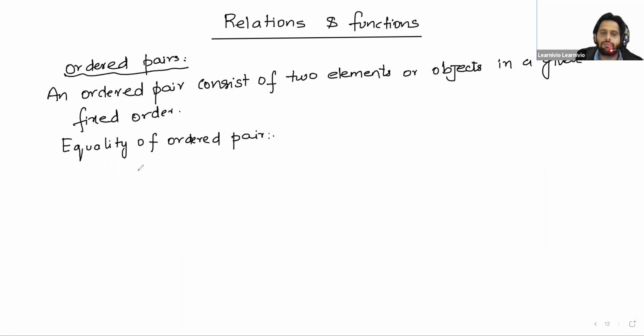What is this equality of ordered pairs? Suppose we have two ordered pairs, x1, y1 and x2, y2, and they are equal. We say these two ordered pairs are equal when the first element is equal to the first element of the other, and the second element is equal to the second element of the other. Okay, Safan?